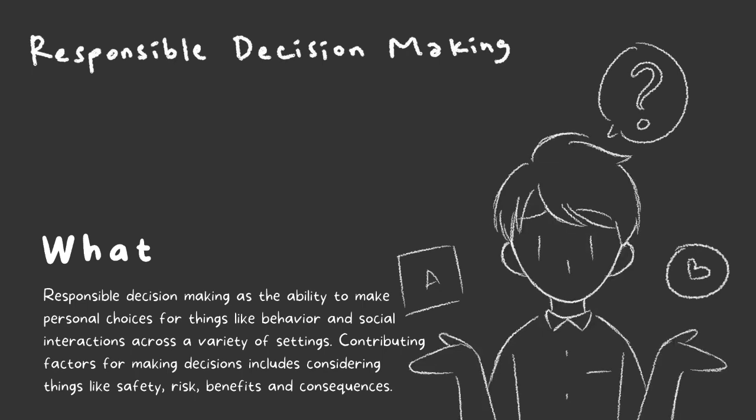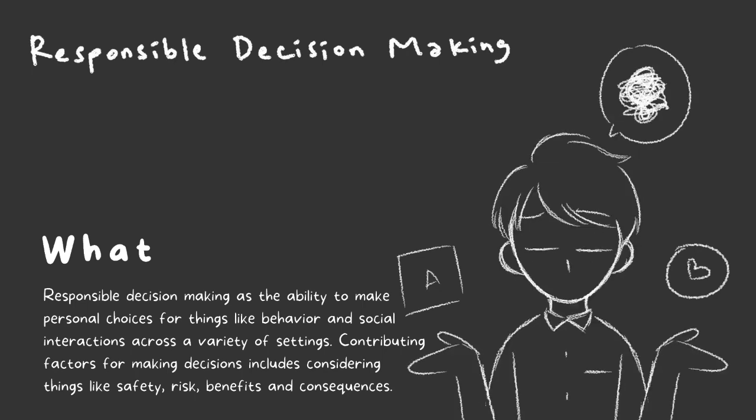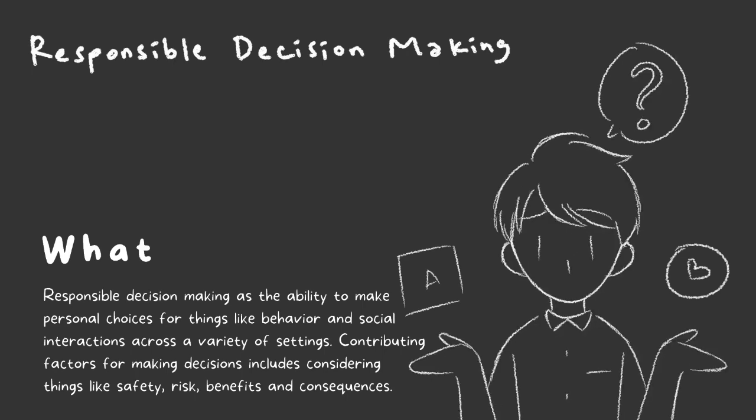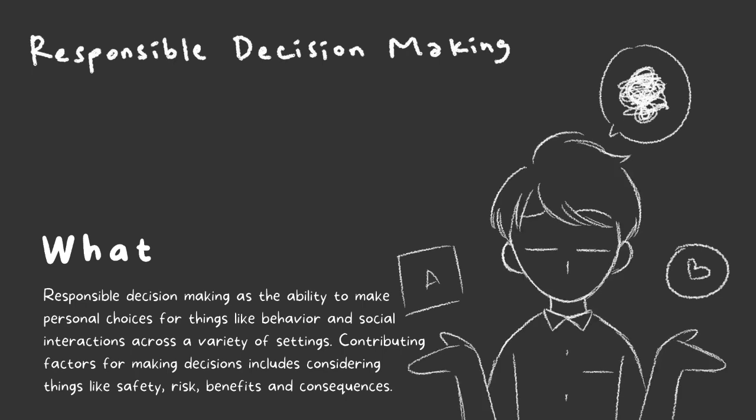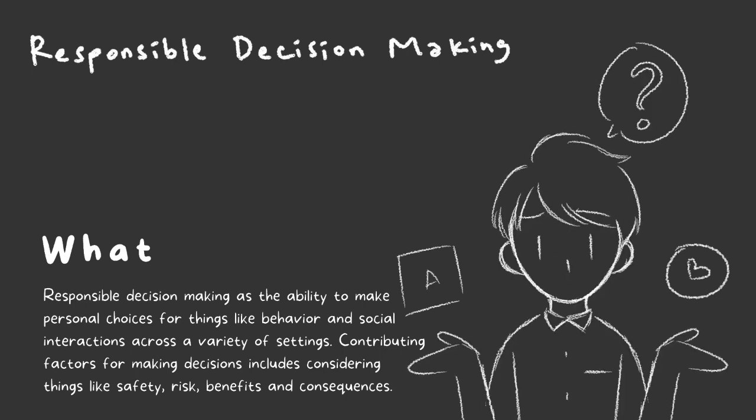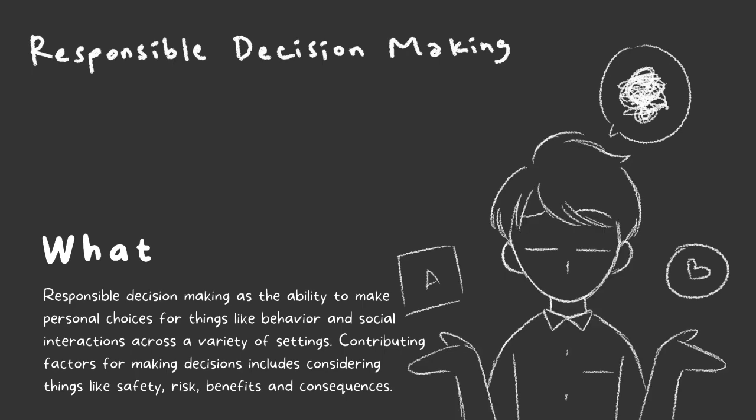To demonstrate responsible decision making, students have to learn skills in critical thinking, open-mindedness, sound judgment, reason, problem solving, and identifying solutions. In order to make good choices, they also need to consider not just themselves, but others as well. It is important to be able to understand how your choices affect both yourself and others.